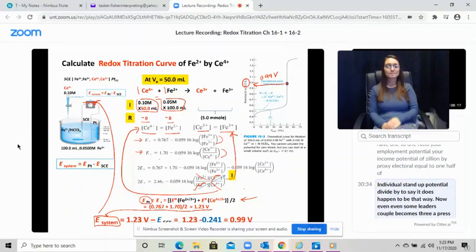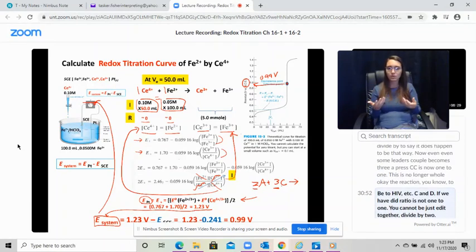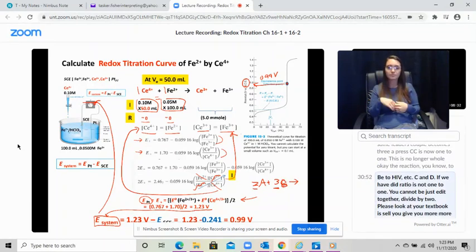Now, if you have some redox couple that is 3A plus 3C, it is no longer 1-to-1. The reaction, let's say 2A, 3B to C plus D. If the ratio is not 1-to-1, it cannot be just added together and divided by 2. Please look at your textbook itself. It will give you a more detailed explanation of how this works.